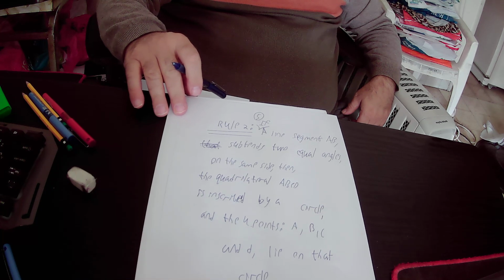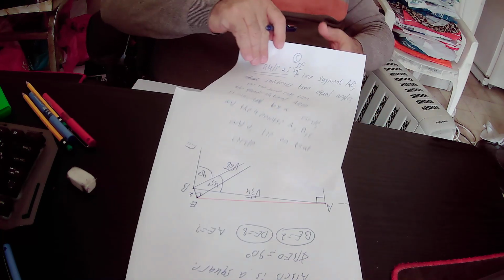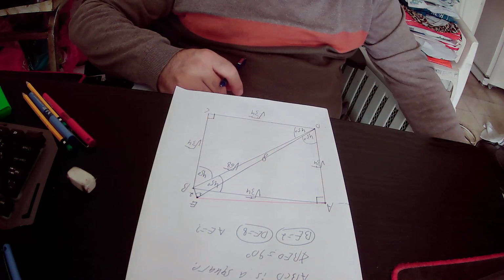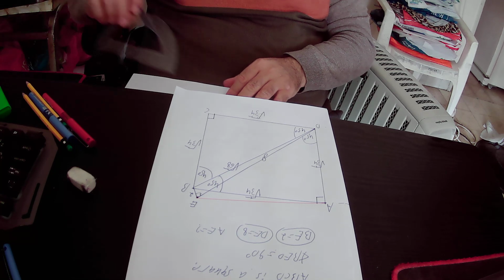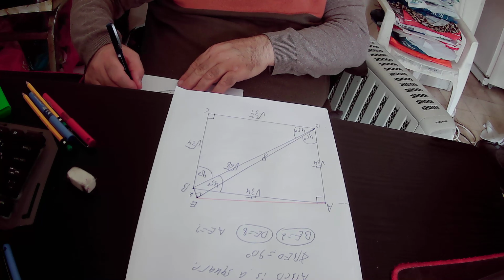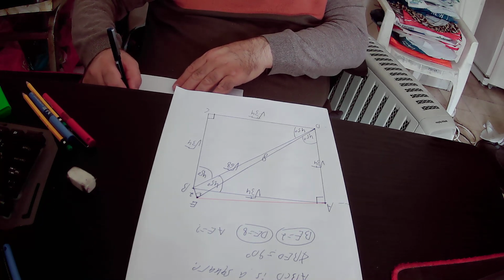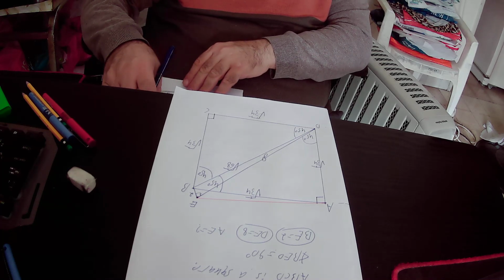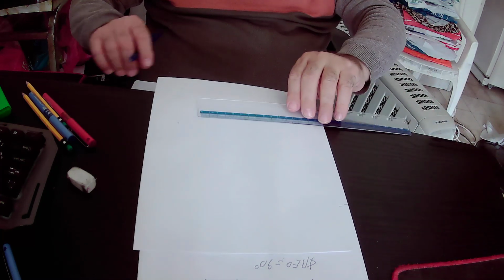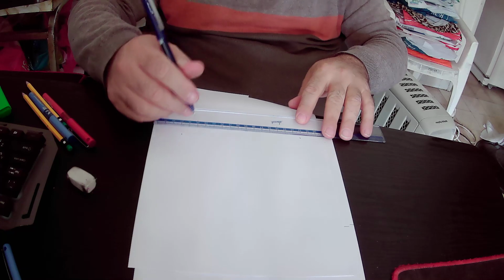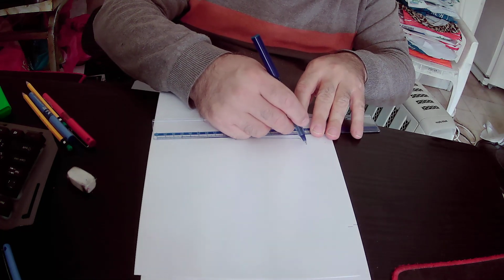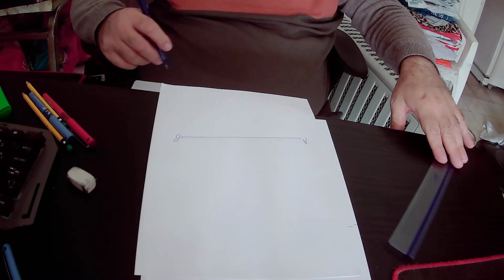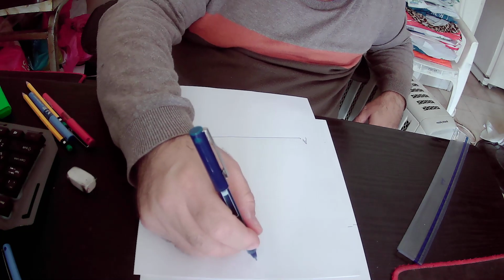The meaning of rule number 2 is that if we have line segment AB, this is line segment AB, and this line segment AB subtends two equal angles.